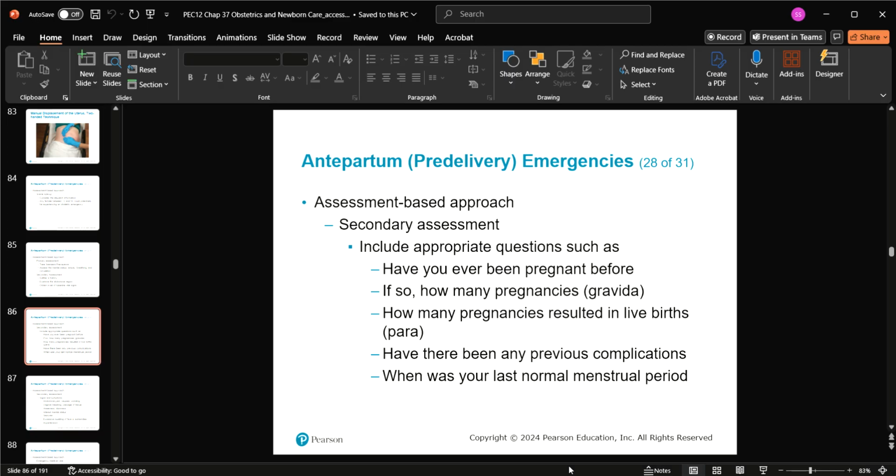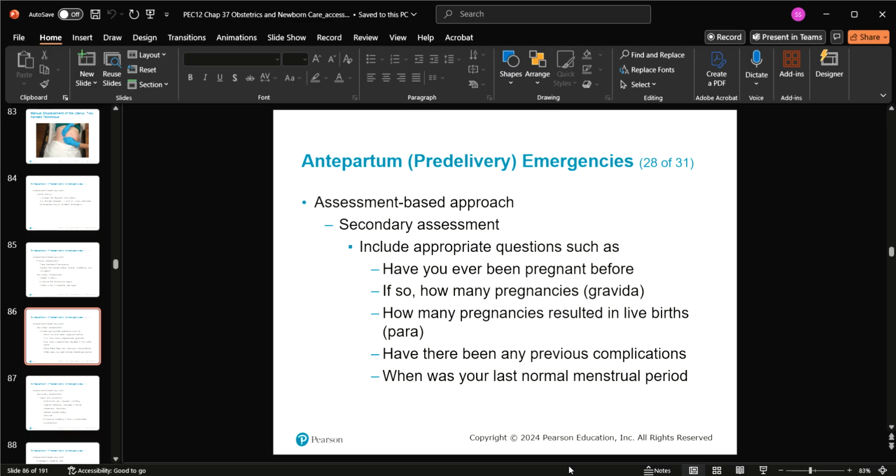Here's a good question to ask as well. Let's say that they have had a previous cesarean section. They need to have another C-section in order to get that baby out, just due to the risks involved. After having a C-section, the risks of a natural birth go way, way, way up.